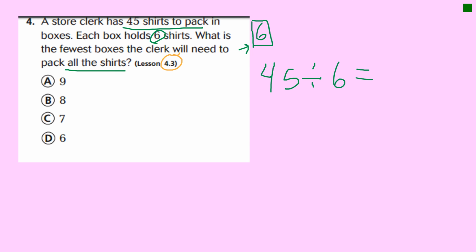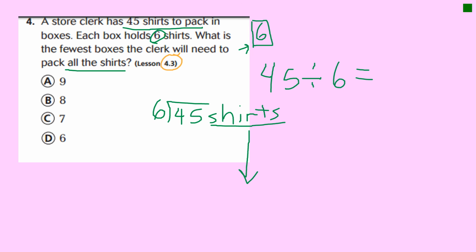Should we rewrite this like long division? Because you're looking at it and you're like, wait, this looks like a basic fact. We're going to rewrite it in long division just so that we see what's going on here. I like to label the dividend shirts because that helps me remember that every single number down here that I write, those are all shirts.